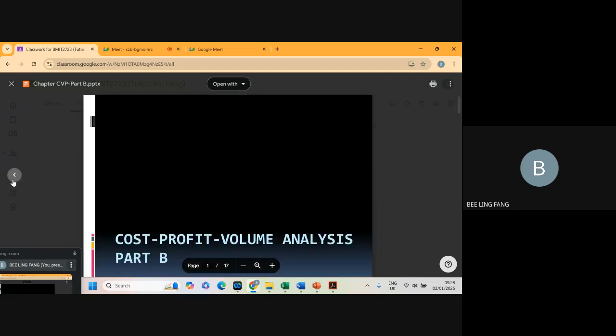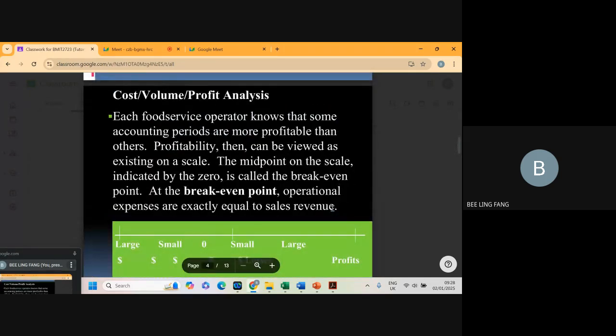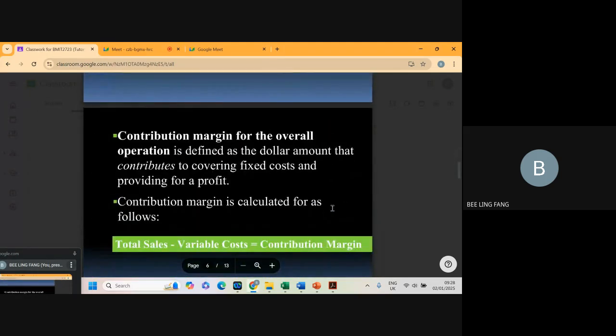Sorry, I got 2 parts here. Okay, so you must be familiar with these formulas. Contribution margin. What is contribution margin? That means the total sales minus the variable cost. So you must understand the concept. Margin, that means you want to sell some.